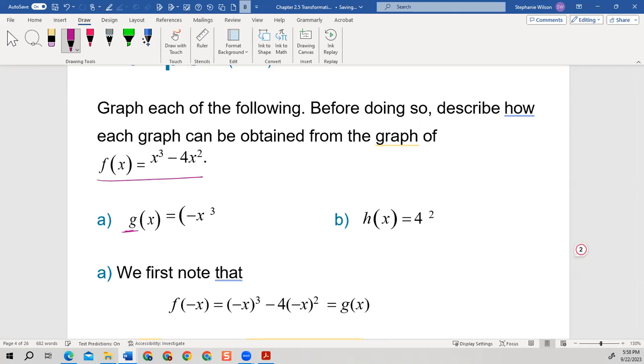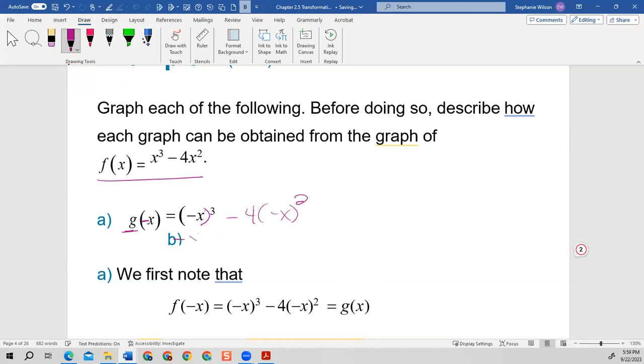I'm going to apply the negative to the x. So I want to put the negative on the x. So now I've got negative x cubed minus 4 negative x squared. And I should have put the parentheses on that. There we go. Clean that up a little better. So if I take this negative value to the odd power, it gives me negative. If I take this negative here to the even power, it just gives me positive.